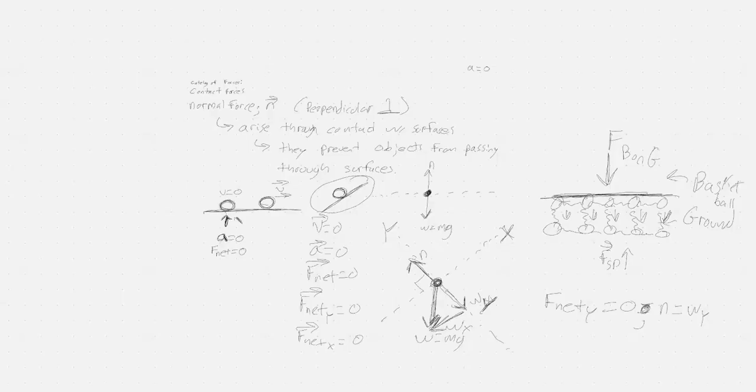And that means that F net could not be 0 in this case unless there existed some other vector, some other force. So F question mark would have to point right along the x-axis.